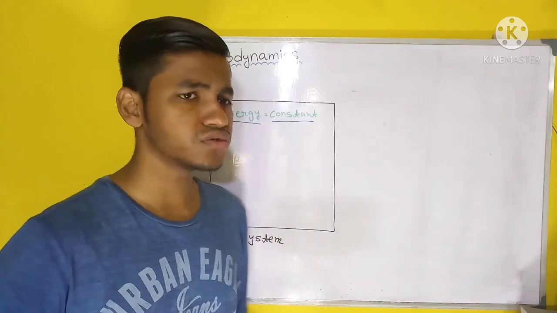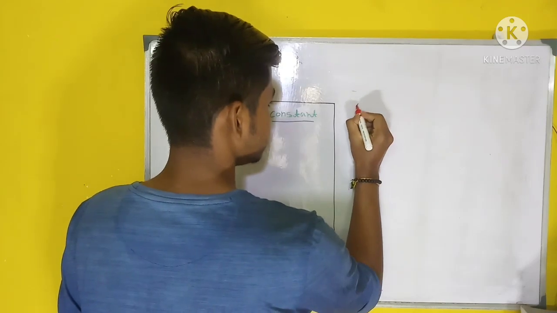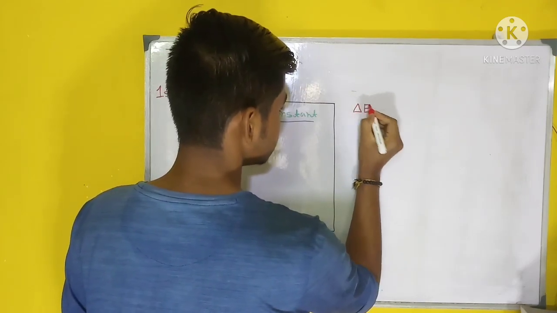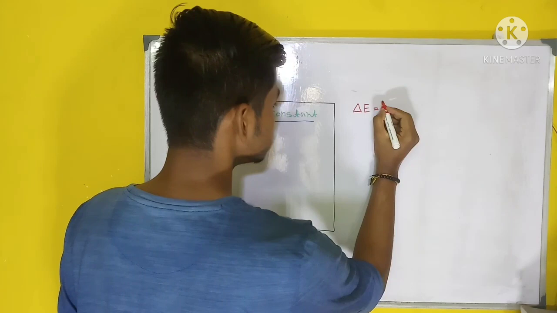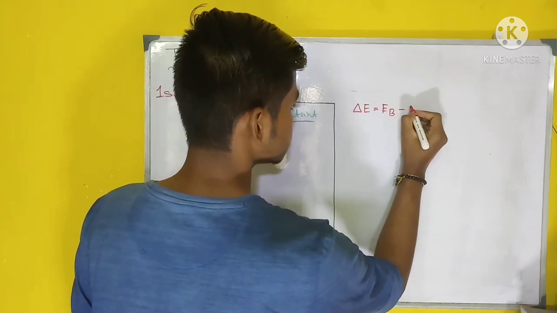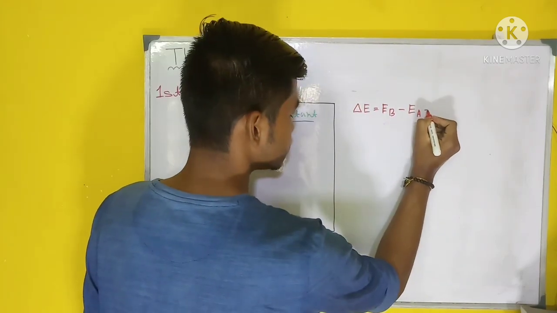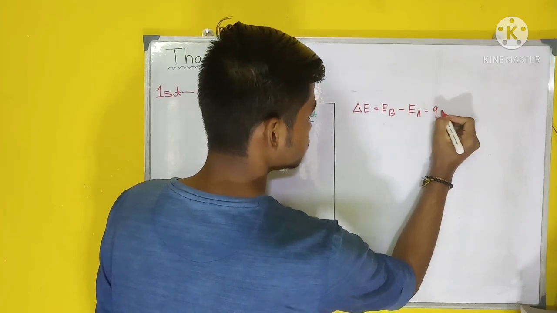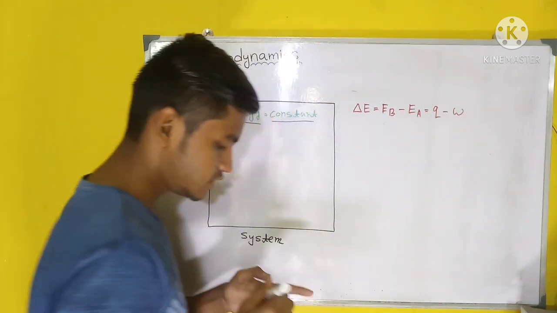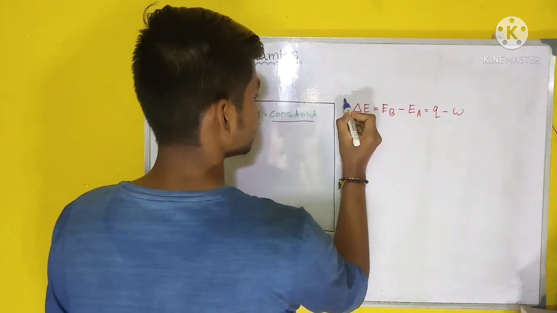And now we will be talking about the mathematical equation of first law. So basically, the mathematical equation is del E, which is actually the internal energy, equals E B minus E A equals Q minus W. So this is actually the mathematical equation of first law, guys.